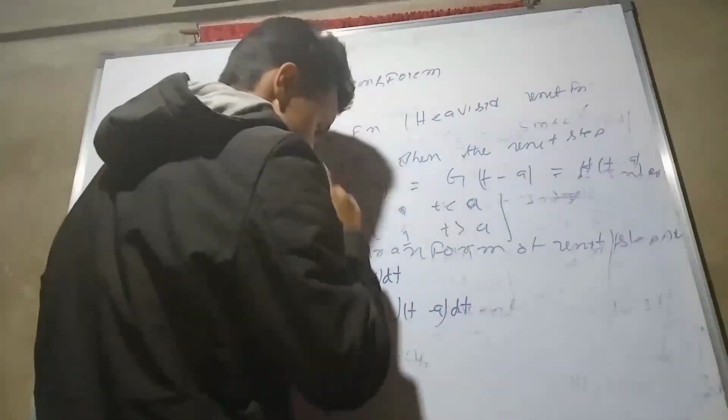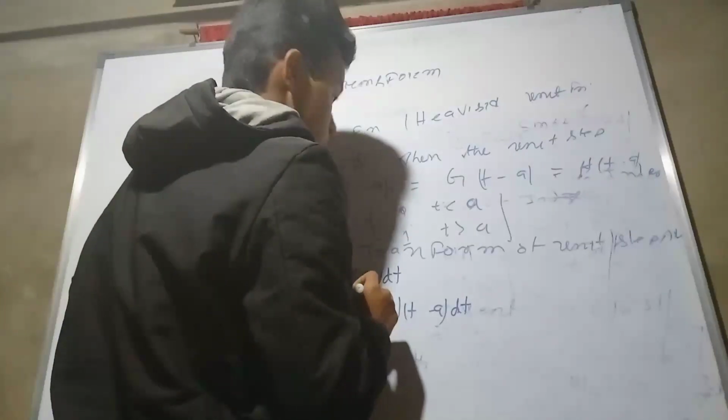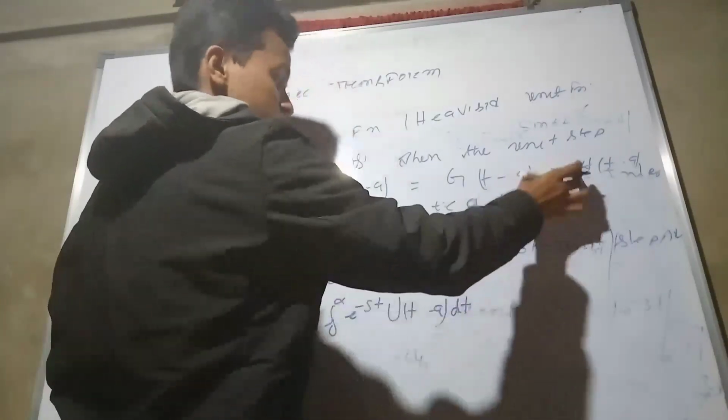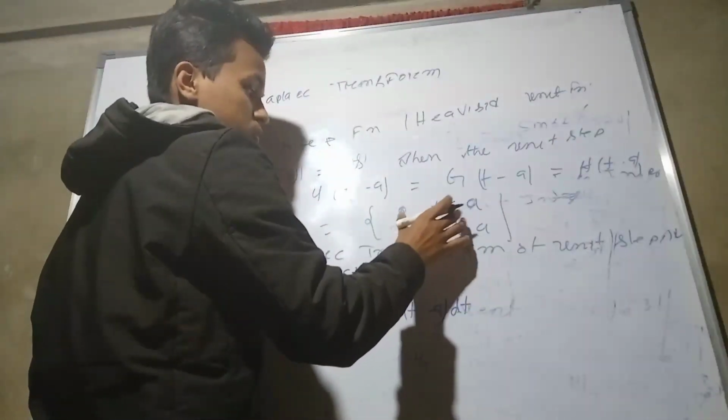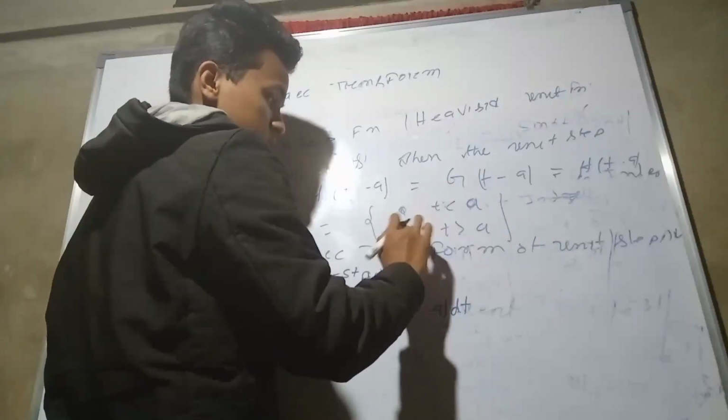So we have two functions: 0 when t is less than a, and 1 when t is greater than a.